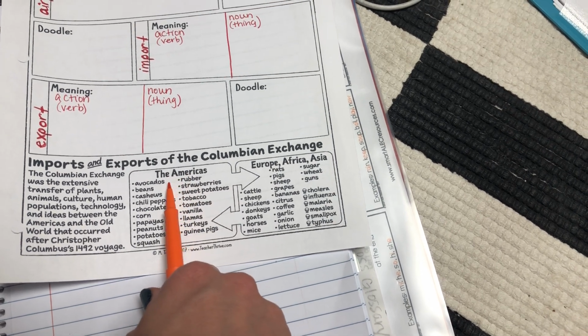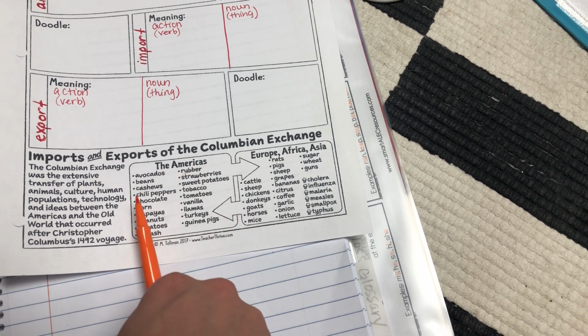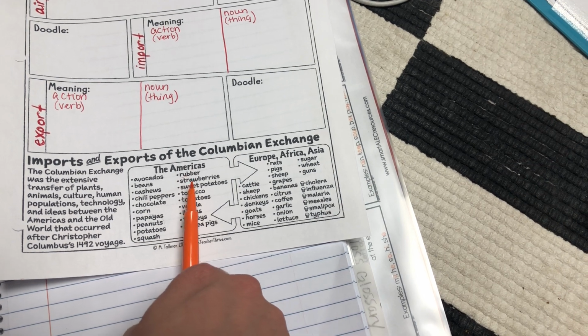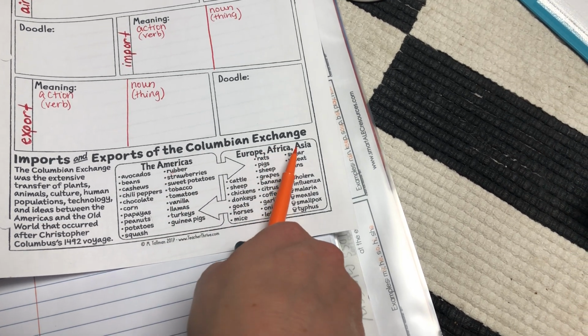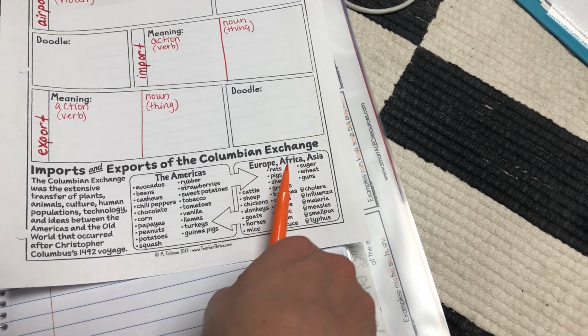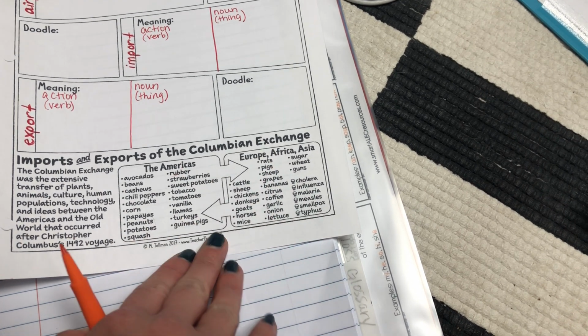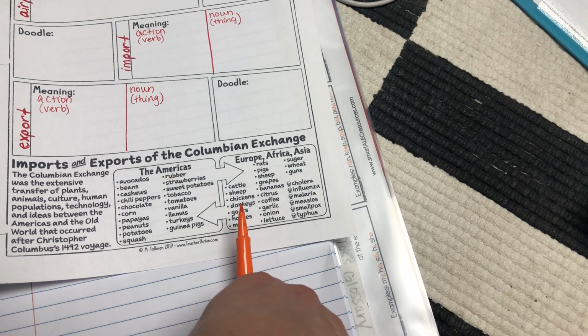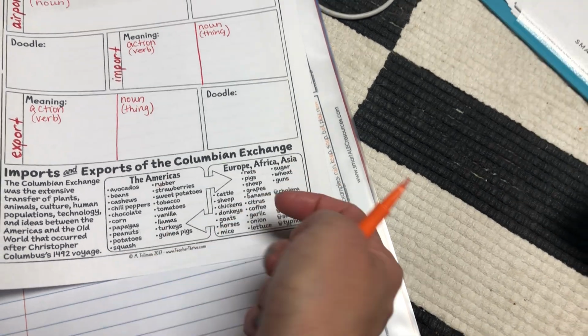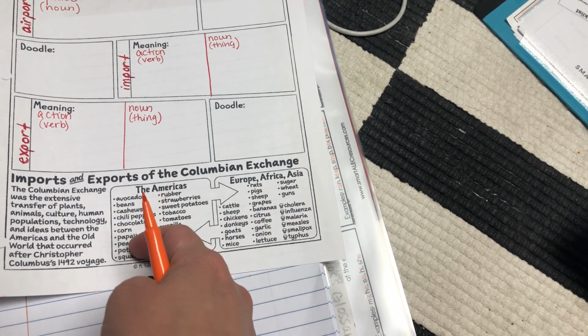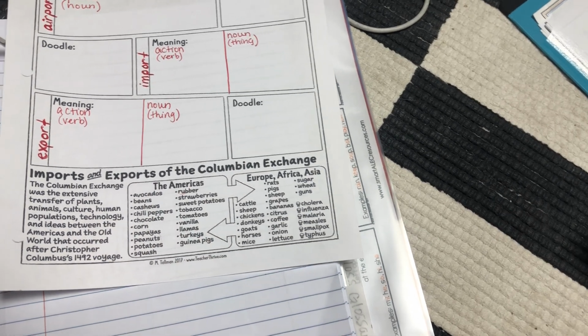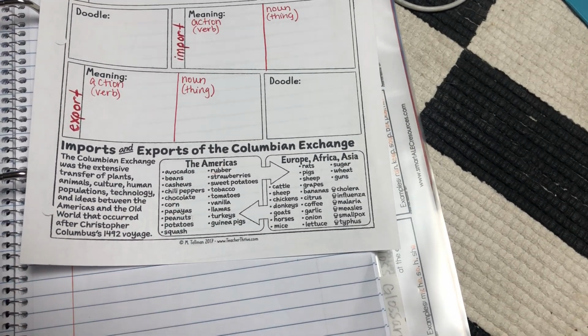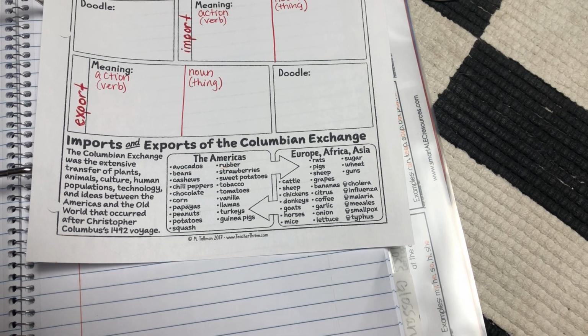Like from the Americas, strawberries were taken to Europe, Africa, and Asia. And if it weren't for the Columbian Exchange or this type of exploration, the Americas wouldn't have chickens or donkeys because those were imported to the Americas. So just an interesting thing to take a look at, and you'll learn more about that in 5th grade.